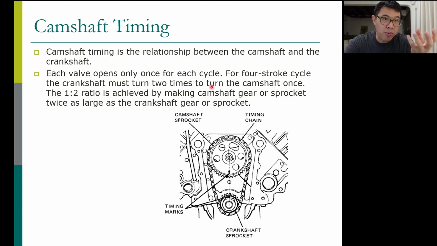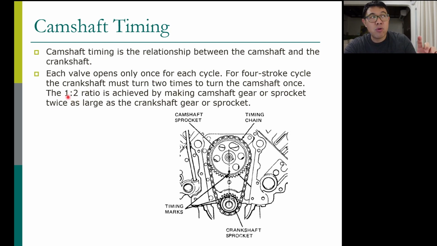Intake, compress, one round, and then power and exhaust, the second round. So two rounds, but the valve opens once. Which means the ratio of the speed between camshaft and crankshaft has to be 1 to 2, right?